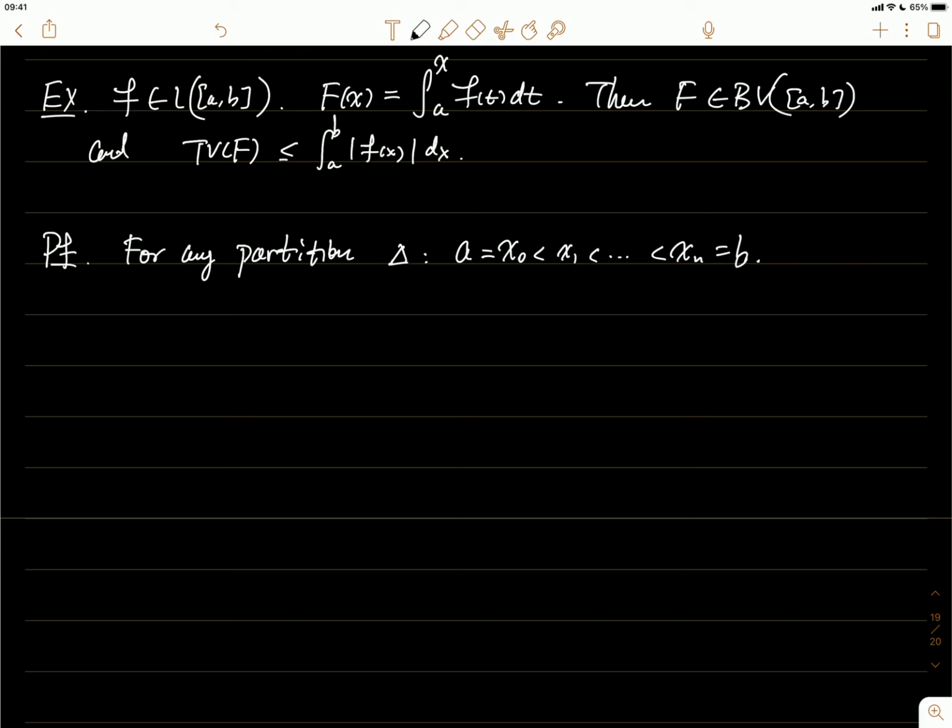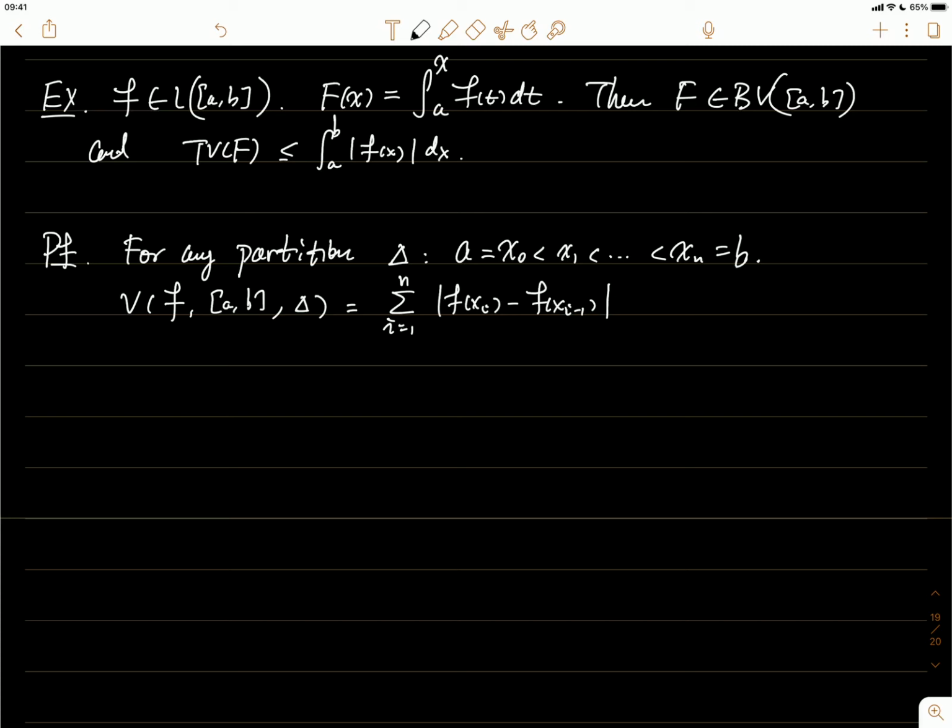Okay, now we can consider the variation of F over AB using this partition. We know that by definition, this is just a sum for i from 1 to n, of F of xi minus F of xi minus 1, right? That's what we need to show.